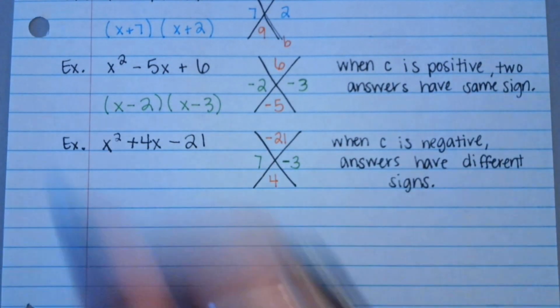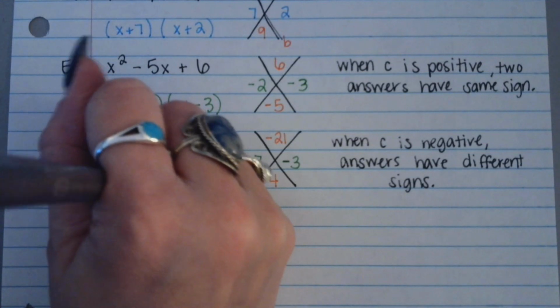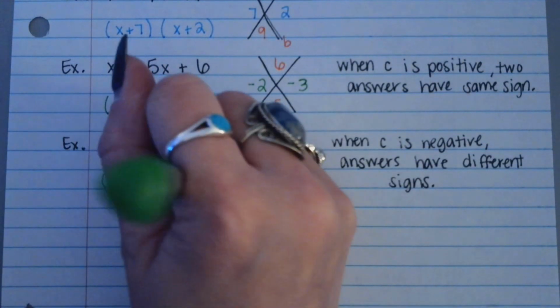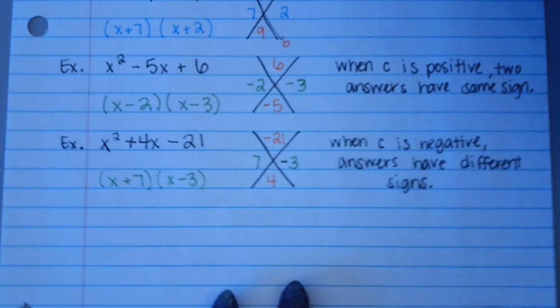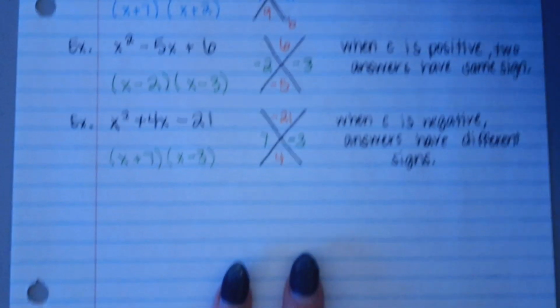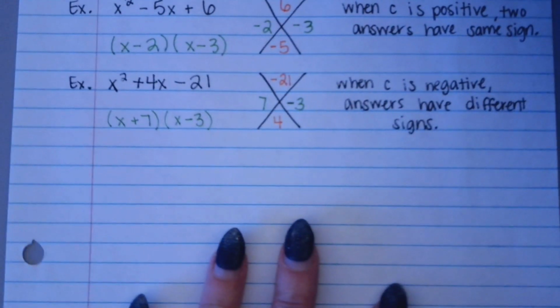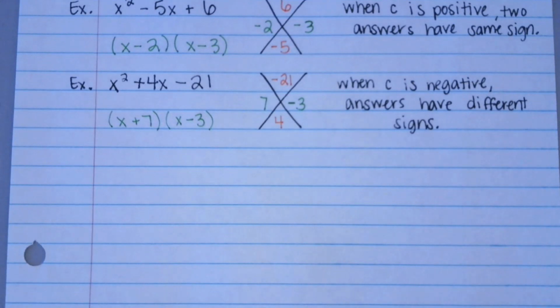So then my parentheses here are x plus 7 and x minus 3. Factoring is really easy if you can remember your multiplication facts.